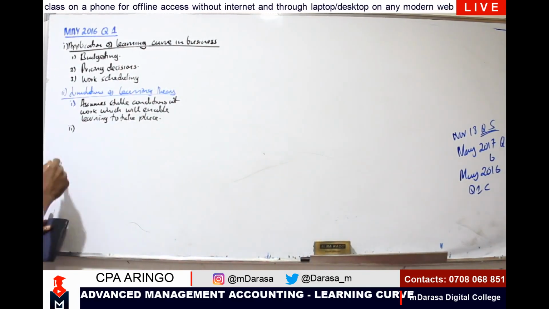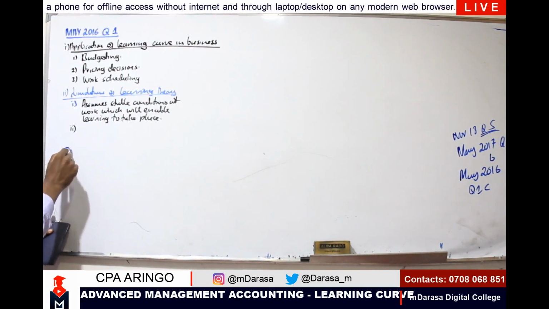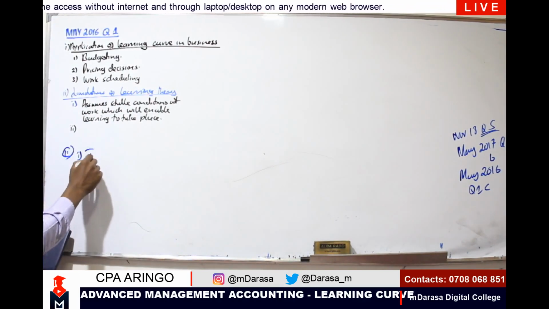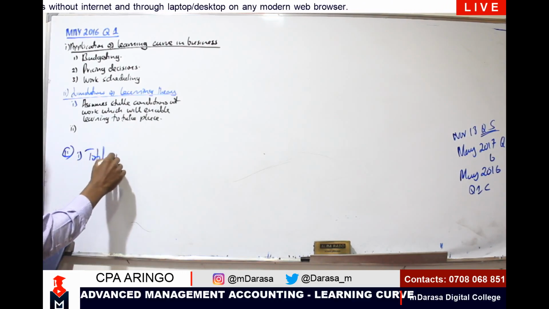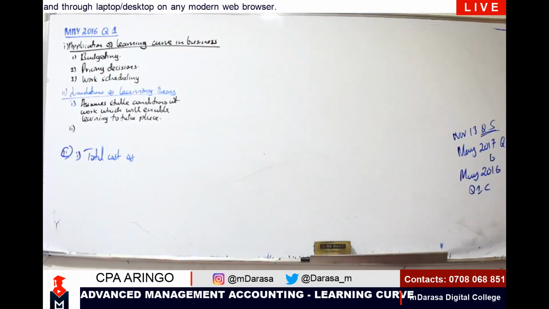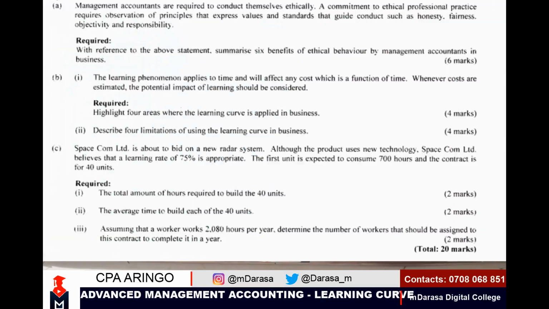So part C of that question, you are asked to determine the total cost of 40 units. That is the total amount of hours required to build the 40 units.